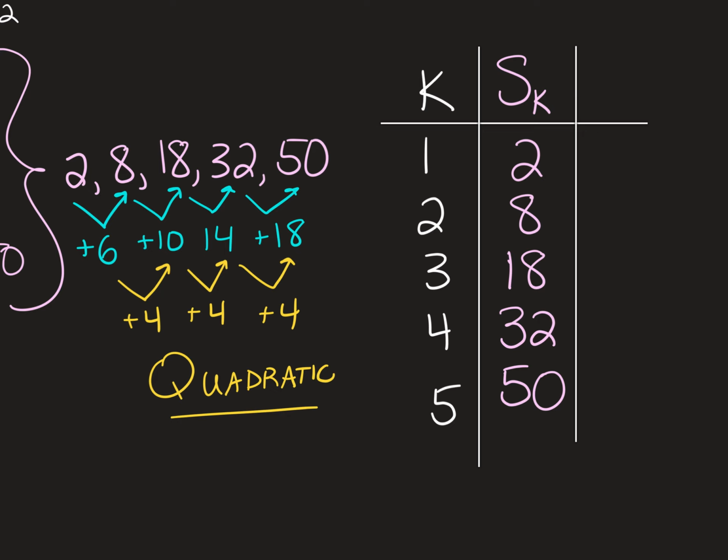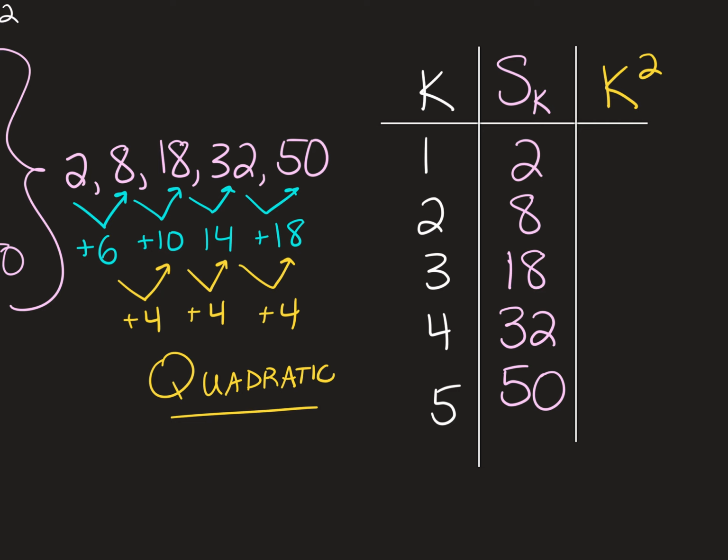Okay, now I'm going to think about the idea that I know that we have to square K. That's going to be part of my formula. By realizing that it's quadratic, I know there has to be a K squared somewhere in my formula. Okay, so let's think about how we could find that adjustment that needs to happen.